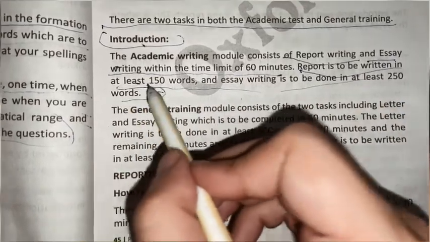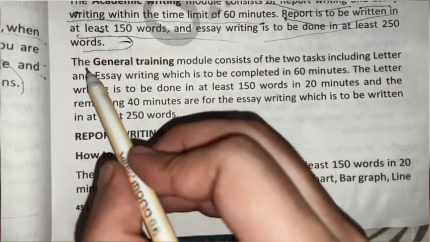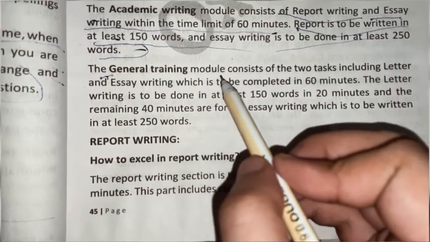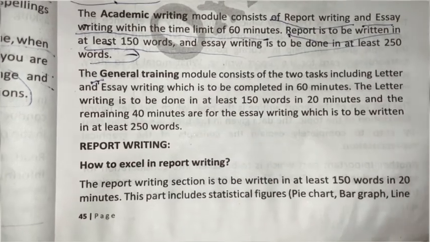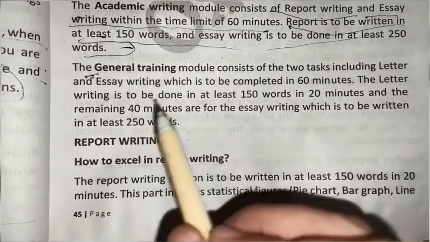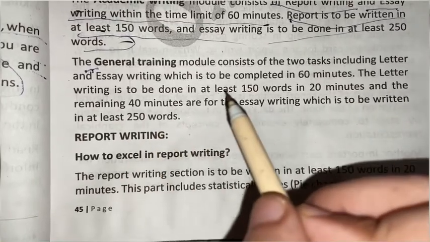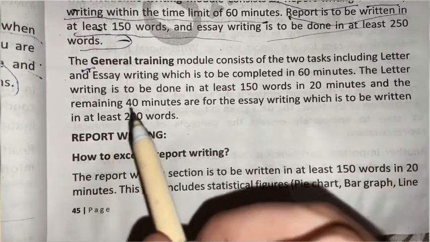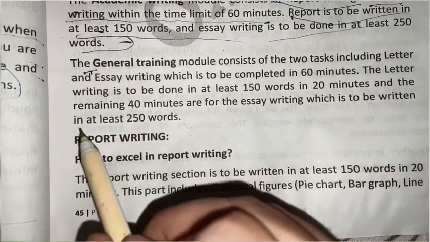The General Training module consists of 2 tasks, a letter and an essay, to be completed in 60 minutes. The letter is written in at least 150 words in 20 minutes, and the remaining 40 minutes are for the essay, which is to be written in at least 250 words.